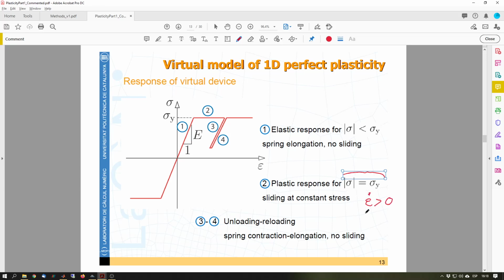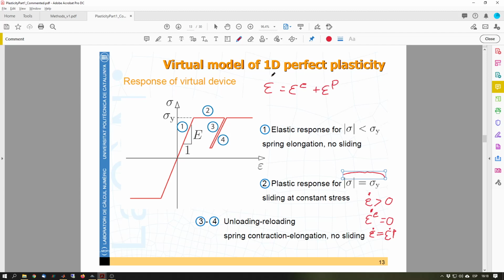Okay, this is positive, but what I'm having is that my elastic strains are equal to 0, and because they are equal to 0, it means that my total strains are just equal to the plastic ones, because the total is the sum of the two. Remember that the total strain is the sum of the two.